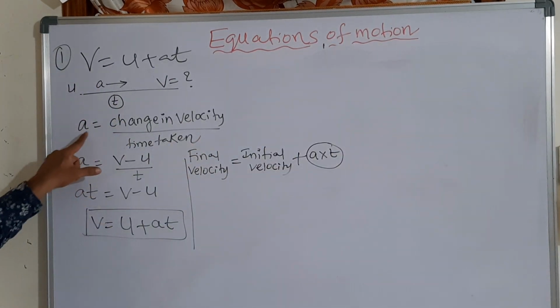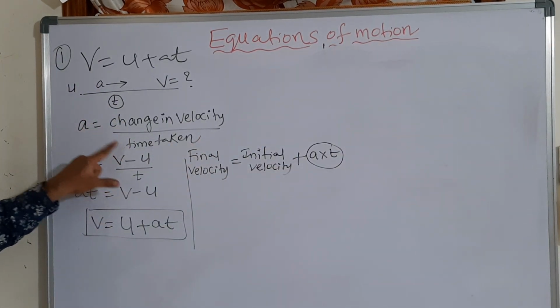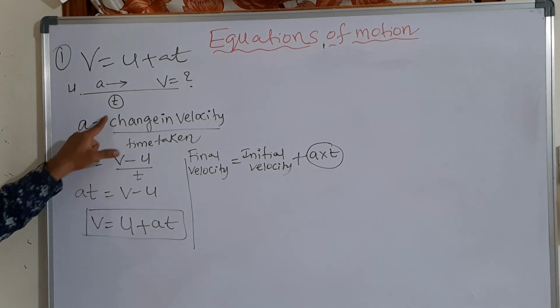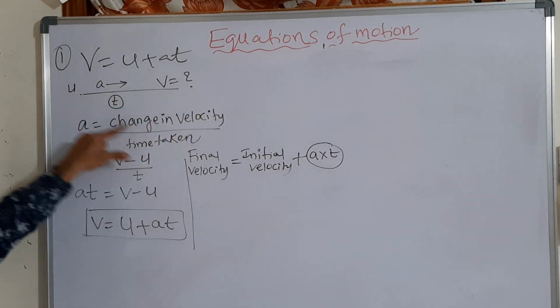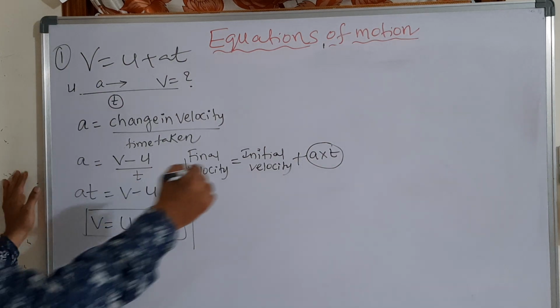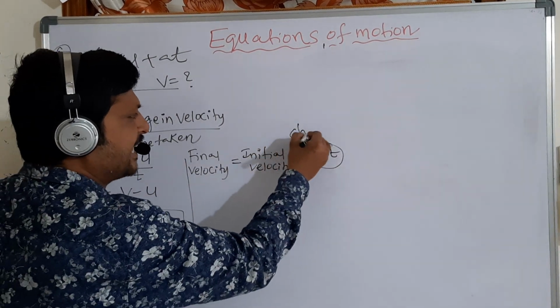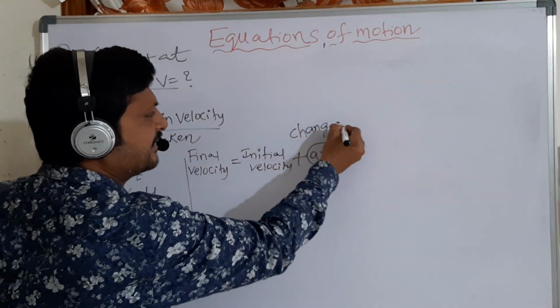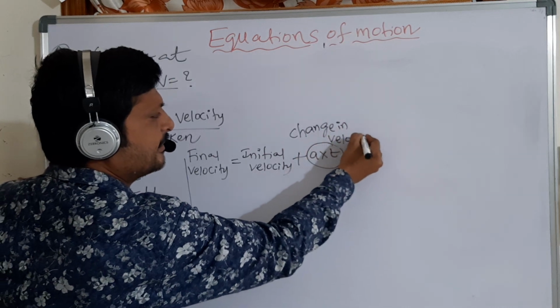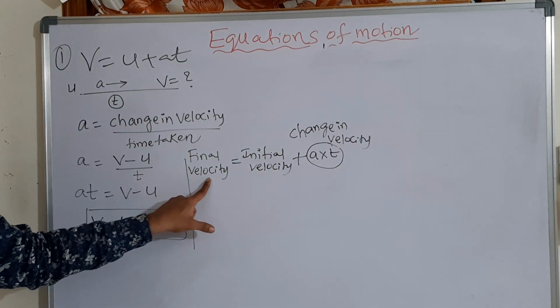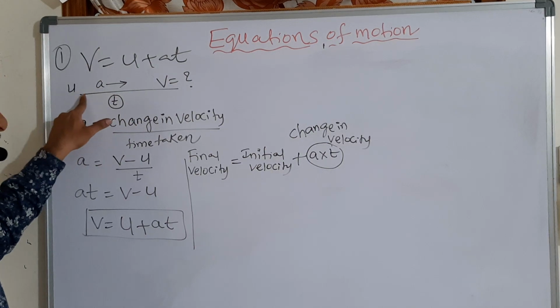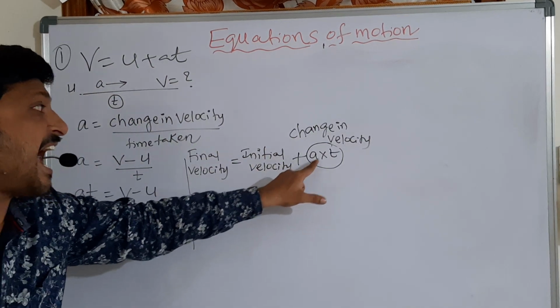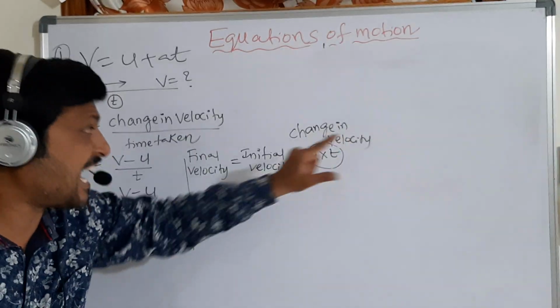Acceleration into time means a into t. A into t is nothing but change in velocity. That means in this place you are adding change in velocity. So final velocity is nothing but initial velocity plus acceleration into time, which is nothing but change in velocity.